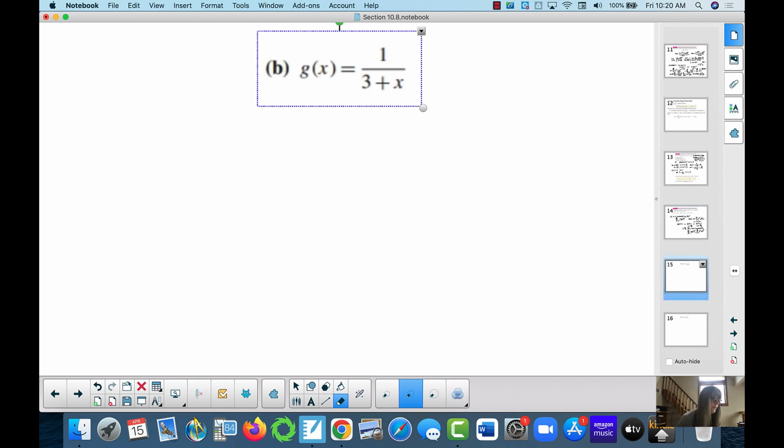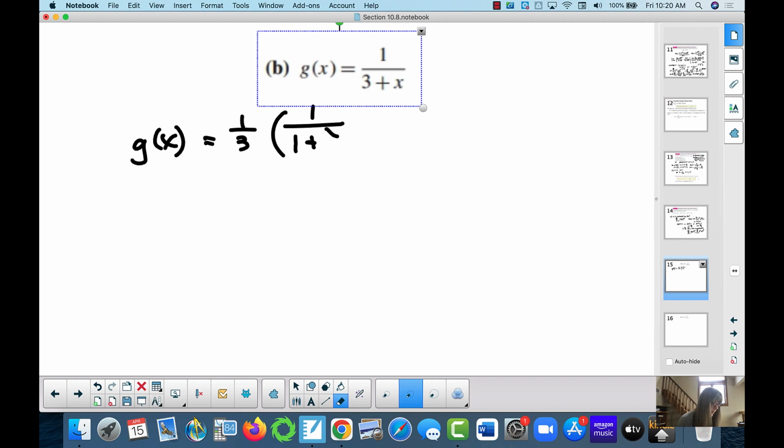This time, we have to change this a little bit. Because I need to get it so that I have 1 over 1 minus something, and then I can replace x with that something. So algebraically, to do that, we're going to factor out 1/3. And that gives us 1 over 3 times 1/3 is just 1.